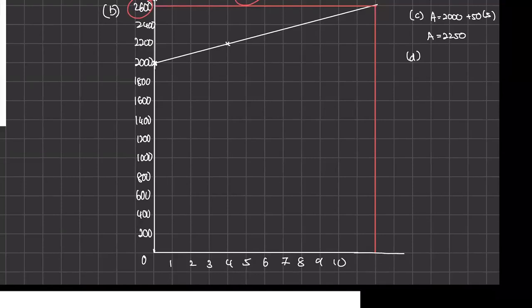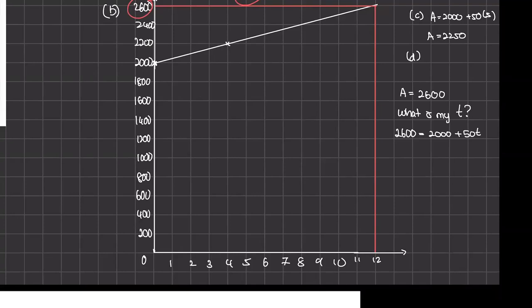But what if I don't want to use the graph? I need to use my formula. So if I use my formula, A is actually equal to 2,600. It became 2,600. So I need to reverse and find out what my T is. So 2,600 is equal to 2,000 plus 50T.